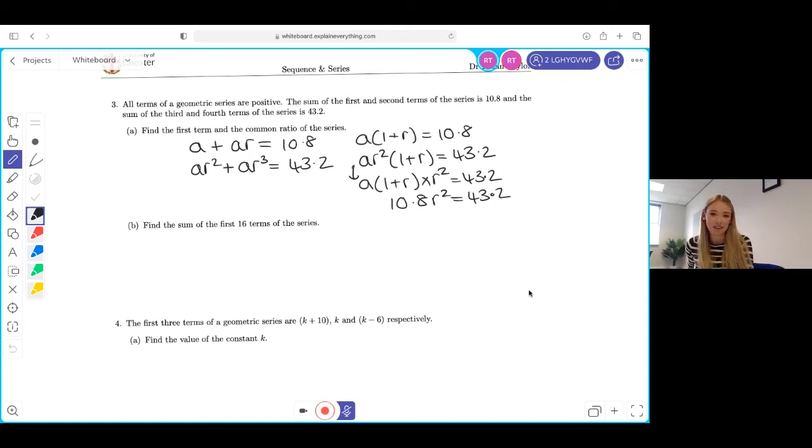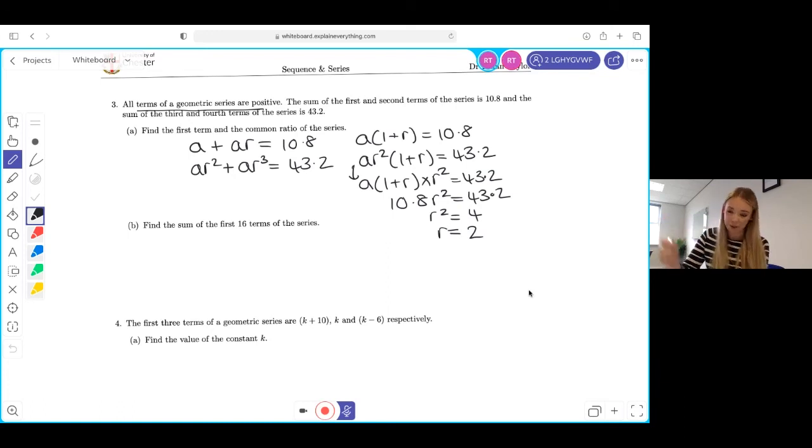And then we can just rearrange that for R squared, take the square root, and we've got our answer for R. That was the most work of it, and then we can just sub that back into any equation to find our value for A. I think from this one, R squared is 4. So then R would be plus or minus 2, but we know in this one all terms are positive. So it has to have a positive common ratio.